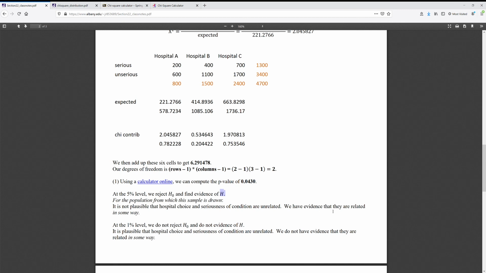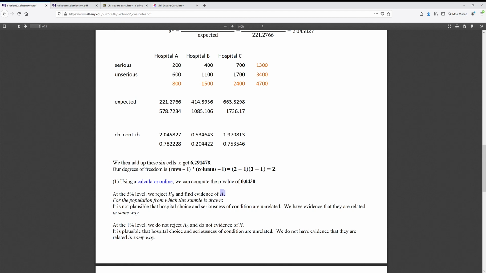We have evidence that they are related in some way. We have evidence that, whoever's doing the choosing, whether it's the patient or the doctor sending them, which hospital you go to and whether you're in serious condition or not, in general, is related, because the data in this sample are suspiciously related.